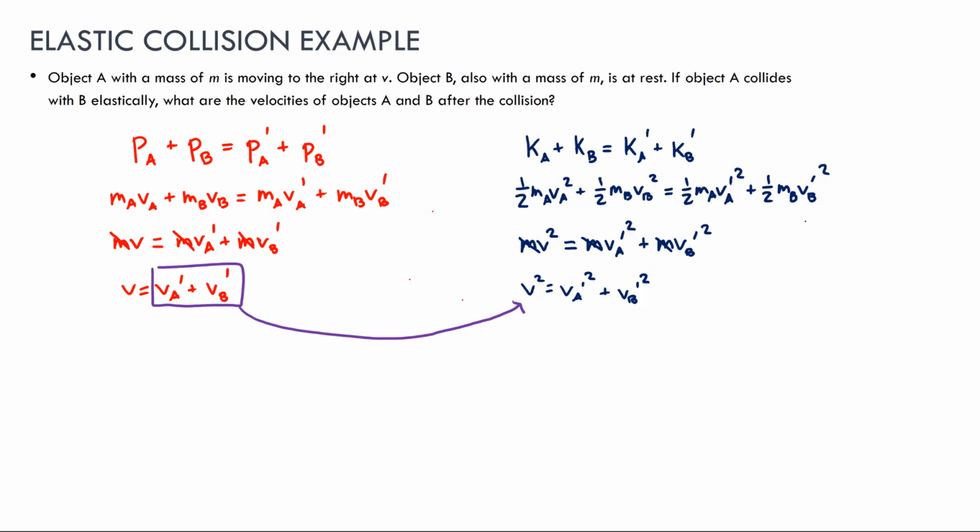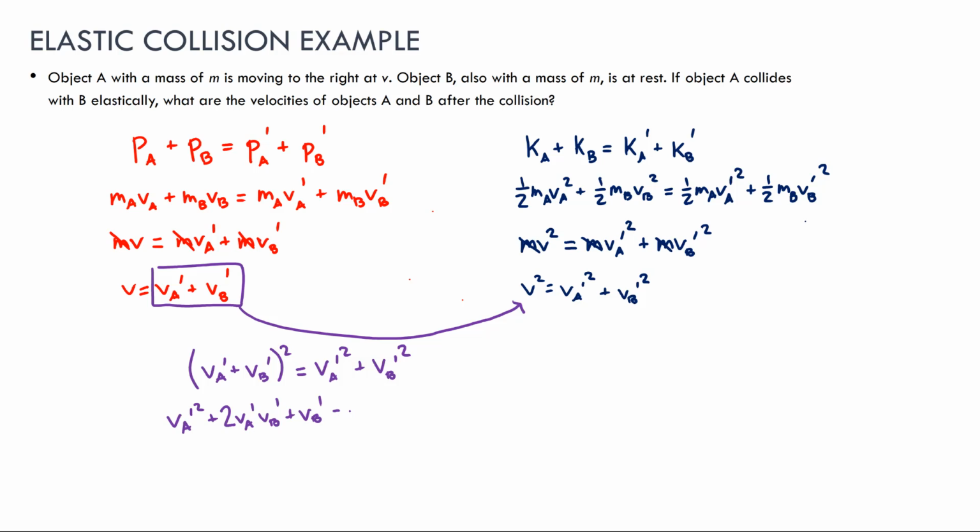Now what this will get me is that (VA prime plus VB prime) squared equals VA prime squared plus VB prime squared. I know this looks like it's the same statement, but it's actually not, because if I distribute what I have on the left side, this ends up being VA prime squared plus 2 VA prime VB prime plus VB prime squared.